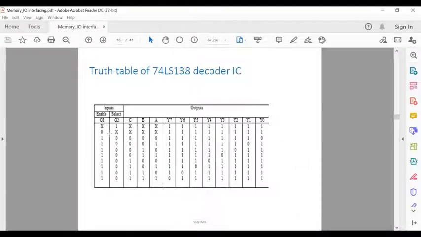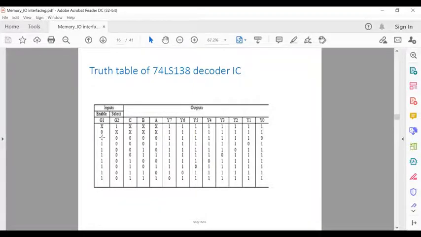As I told you earlier, G1 is one pin, and G2 is G2A bar and G2B bar.